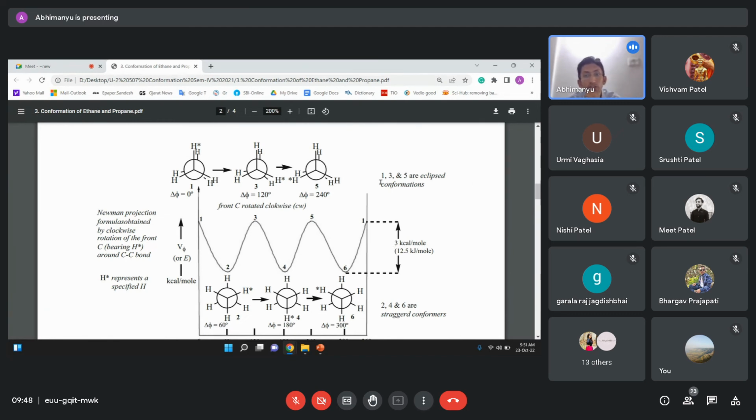And therefore, we can say that the stability of the eclipse structure is low as compared to the staggered structure. So in 2, 4, 6, the staggered structures, the stability is higher. And the energy difference between the staggered and eclipse is 12.5 kilojoule per mole.